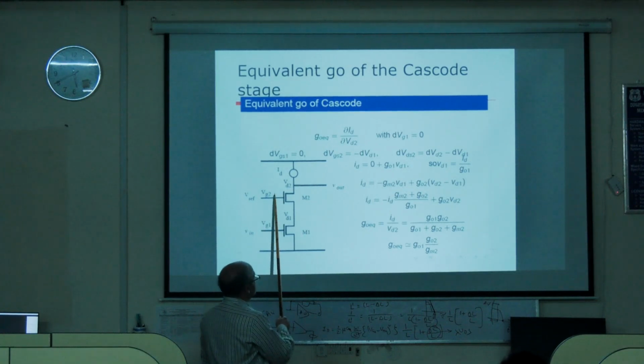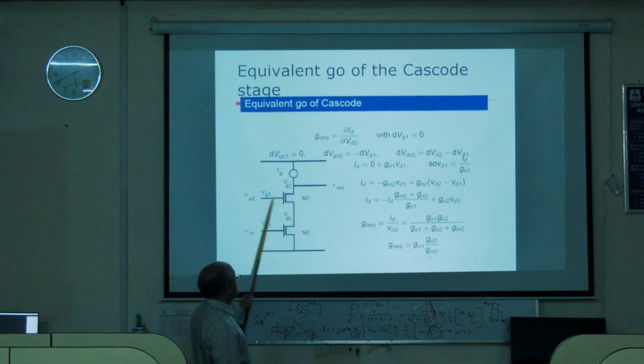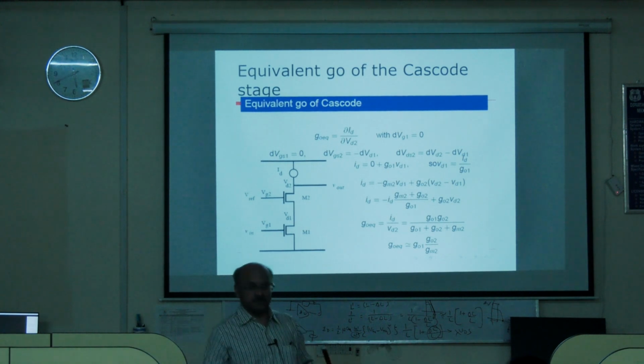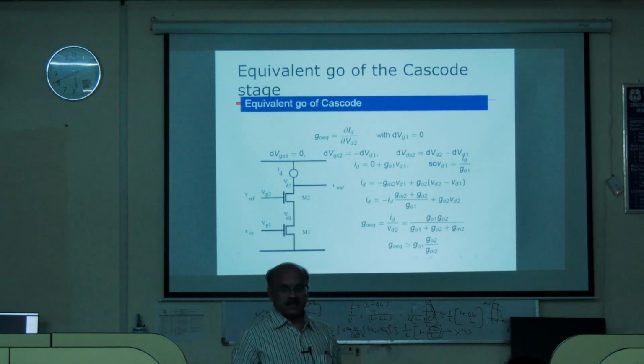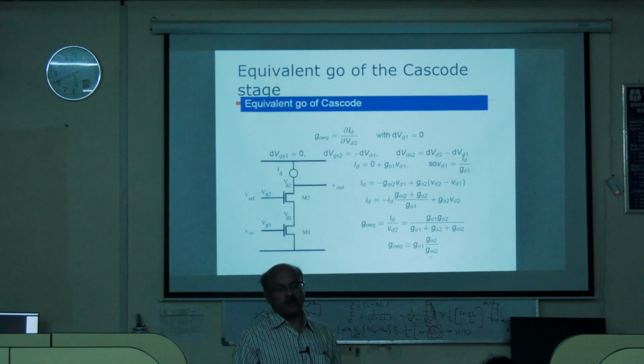That's what I am telling. VG2 is all the time 0. I am expanding, that's all. For this transistor, VG2 is all the time DC only. For the upper transistor I am not giving any signal. The signal is being given to the bottom transistor. Now that also I am not giving.